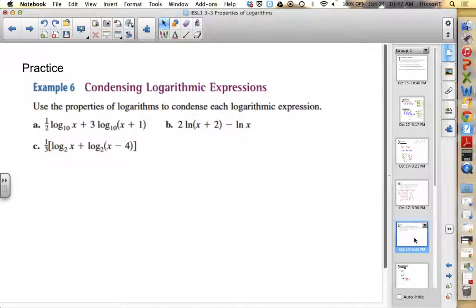Can everyone read it? Do you have to get rid of the 3 and the 1/2 in front? Yes, there shouldn't be a coefficient in front. It should just say log base 10 of some mess. B should be natural log of just one thing.